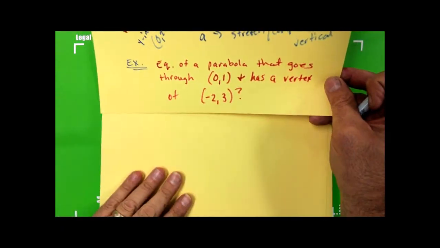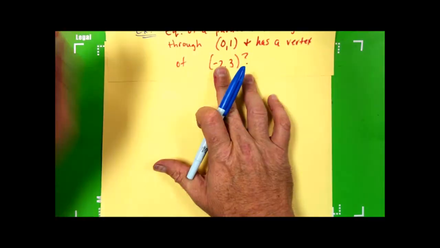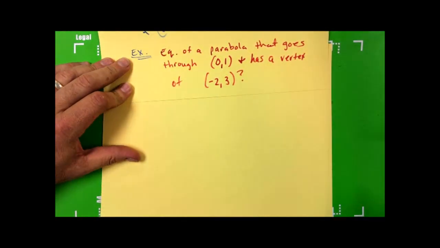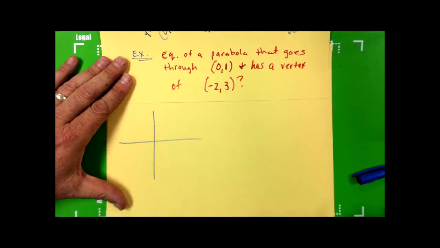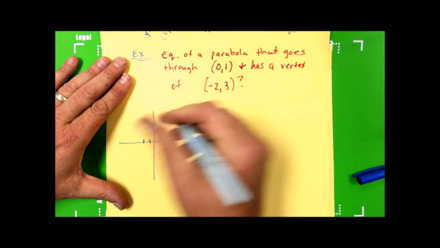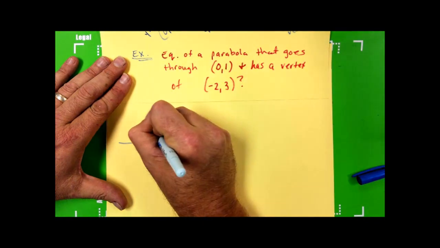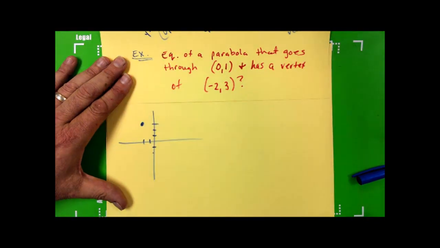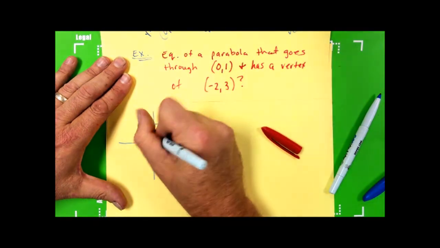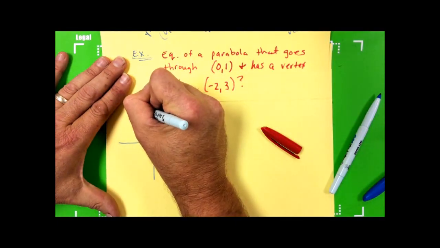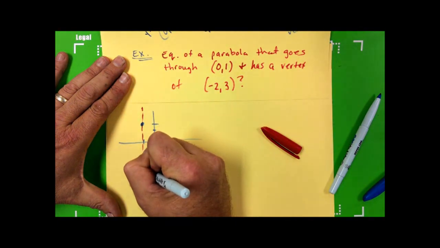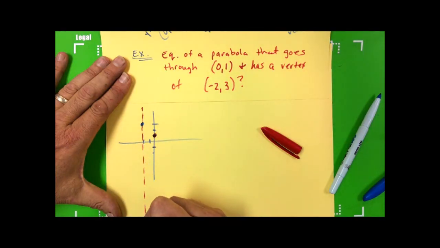Okay, I'm thinking vertex form, right? Now here's the thing. If I give you this, the first thing is to make a picture. So what is the information I have here? I have a vertex here, but it tells me it passes through what? All right. You actually have a little bit more information than you think, because in a parabola such as this, if it's an equation of a function, I know an axis of symmetry, don't I?